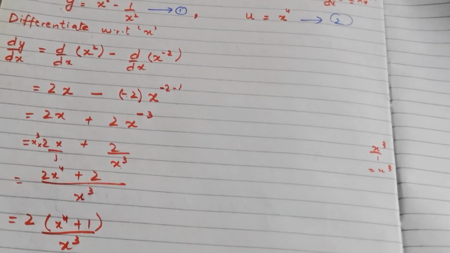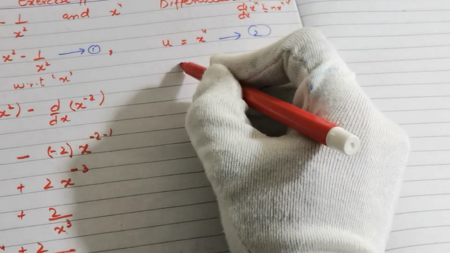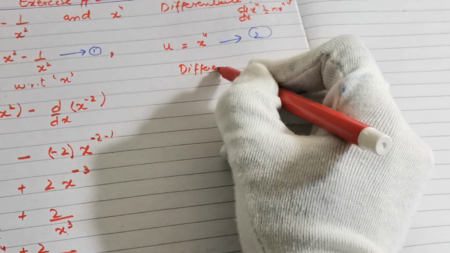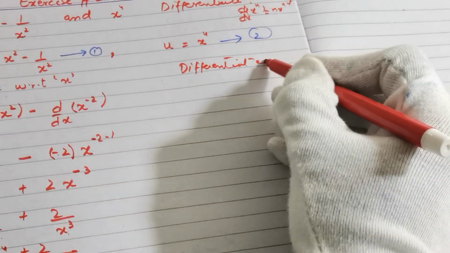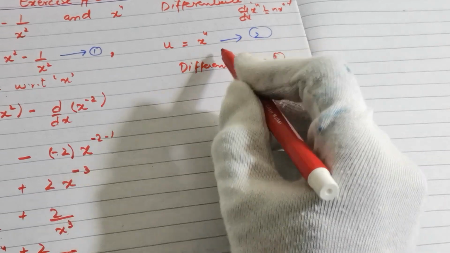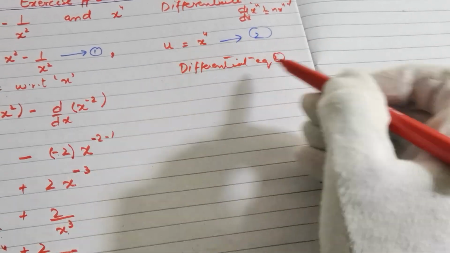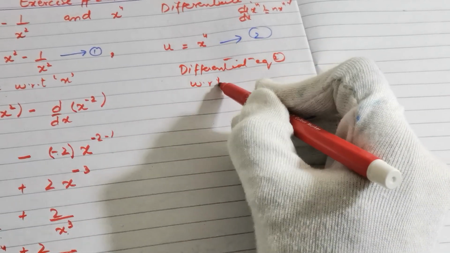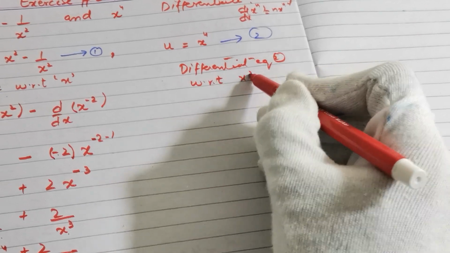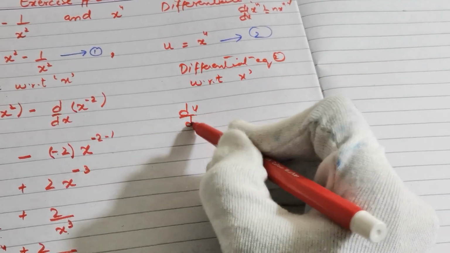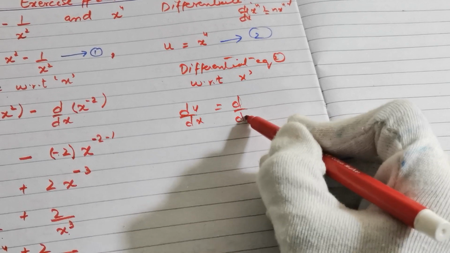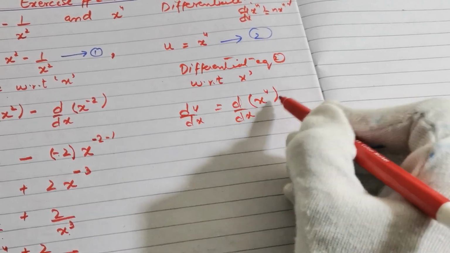Now we will differentiate equation 2. Here we can see that variable is x, so we will differentiate equation 2 with respect to x. du by dx is equal to d by dx x raised to power 4.